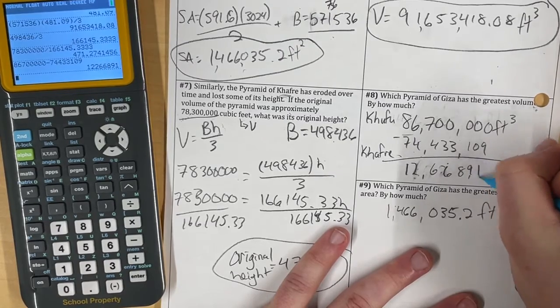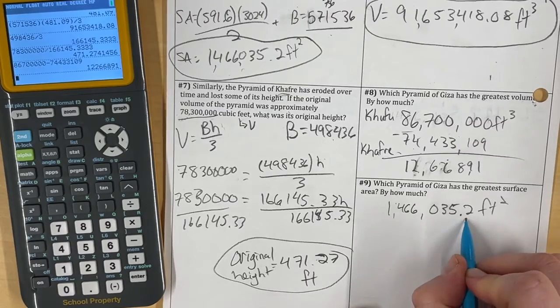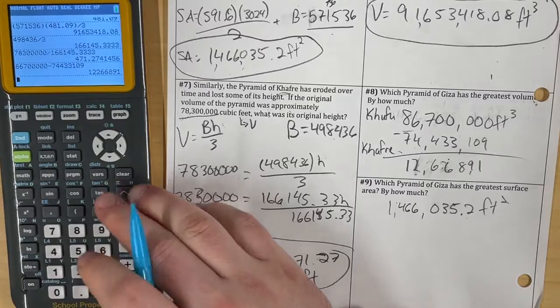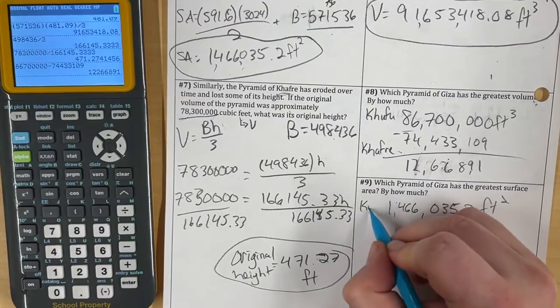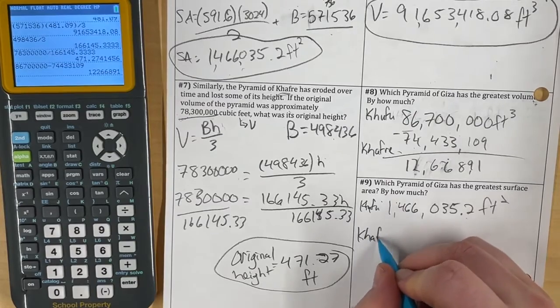All right. For a similar idea, we're going to talk about that surface area. Now we can compare those two. Using the same pyramids, Khufu and Khafre are the largest two.